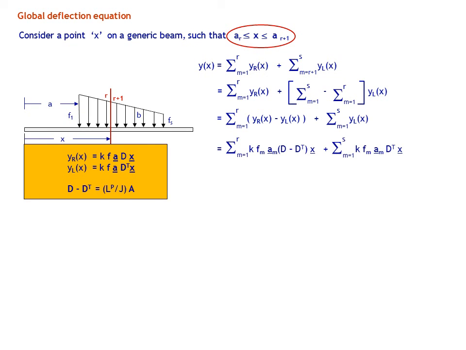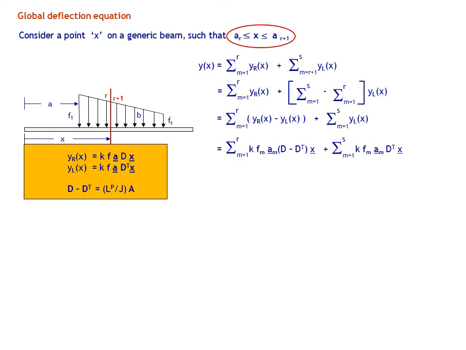Then, using the matrix formulations of YR of X and YL of X, reproduced in the orange box, we get the sum from 1 to R of K Fm vector Am (d minus dt) vector X, plus the sum from 1 to S of K Fm vector Am dtx.